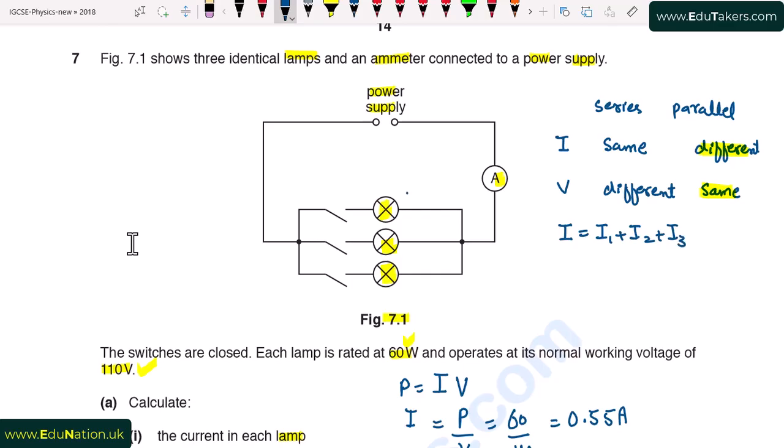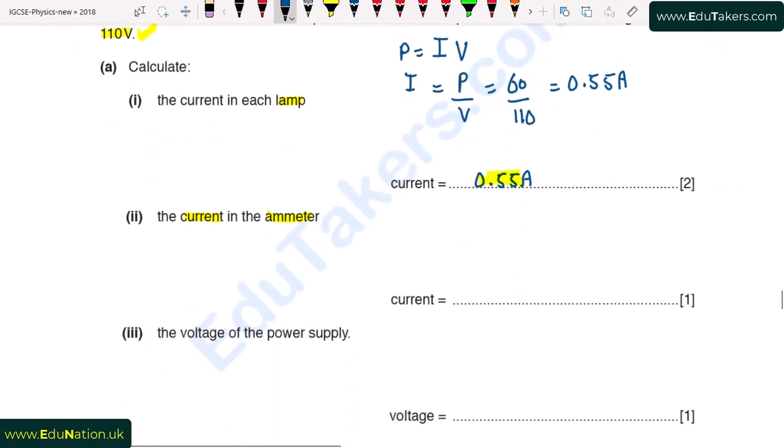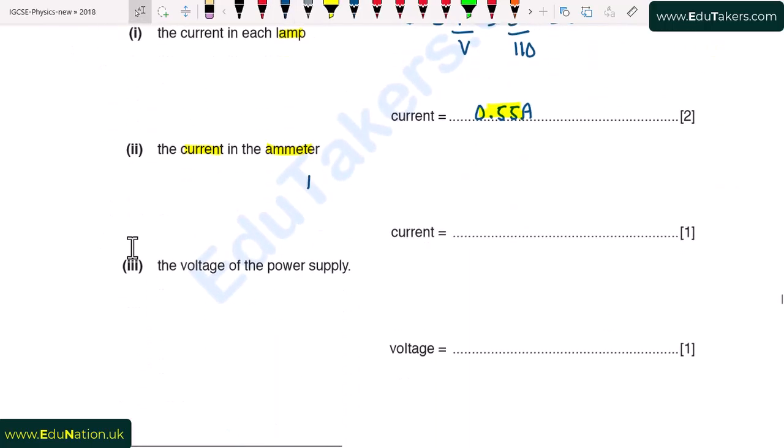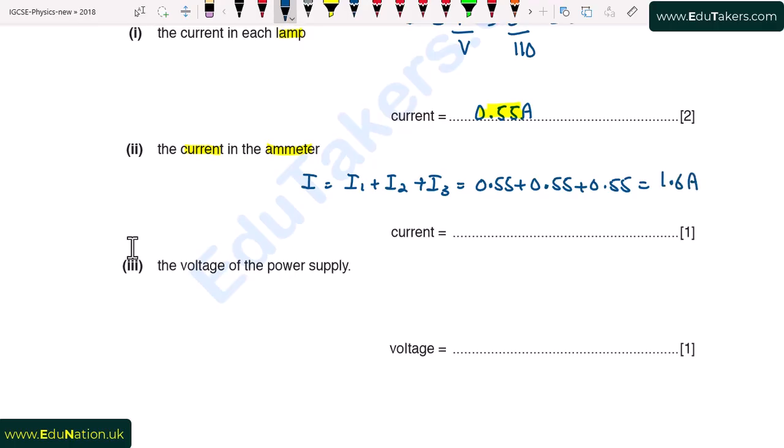If I consider that across this lamp current is I1, here it is I2 and here I3, I add all of these currents to get the total current. I will be equal to I1 plus I2 plus I3. It will be 0.55 plus 0.55 plus 0.55. So the total current comes to be 1.6 ampere. This is the current in the ammeter. So it will be 1.6 ampere.